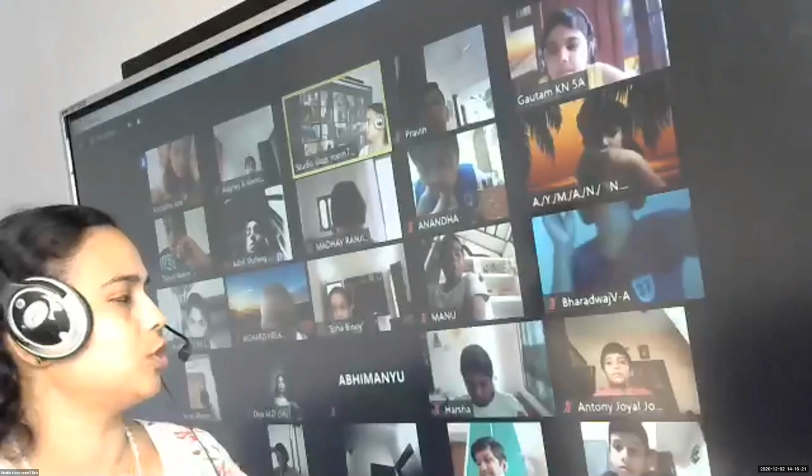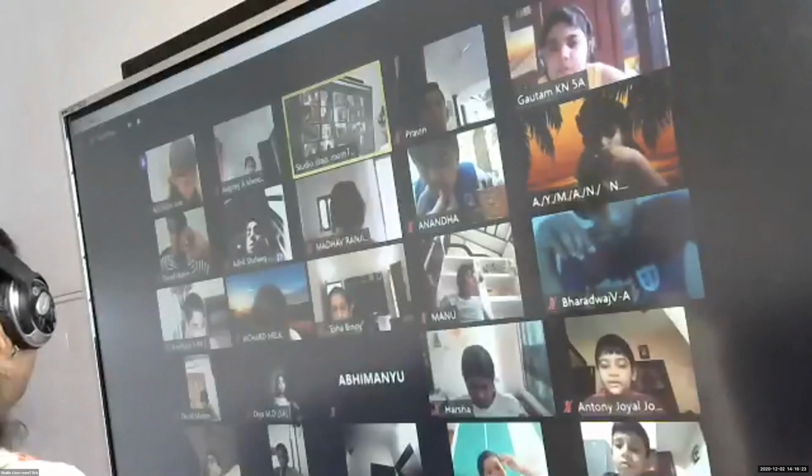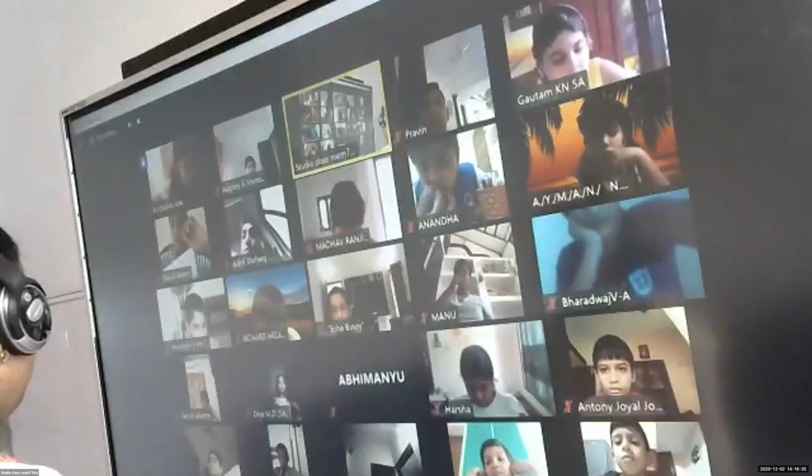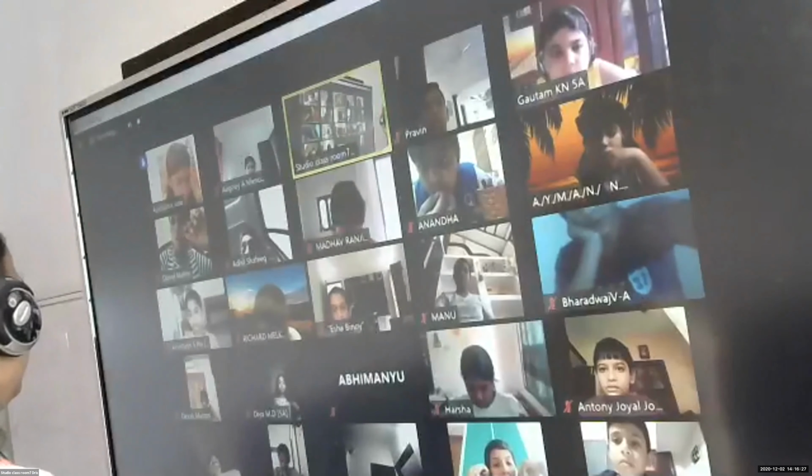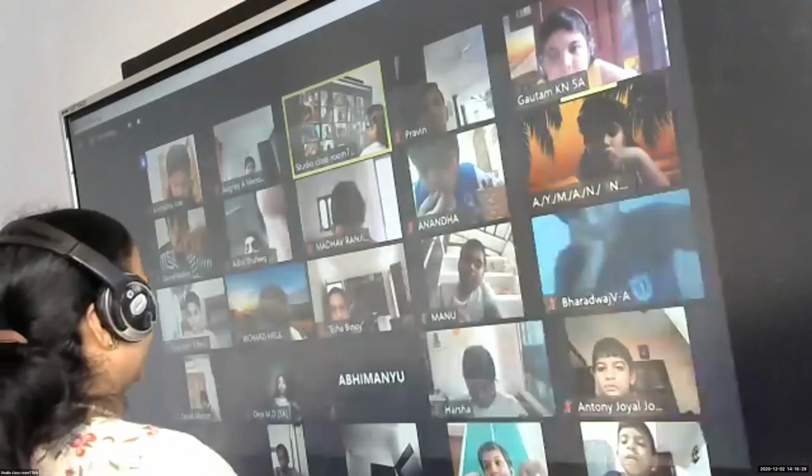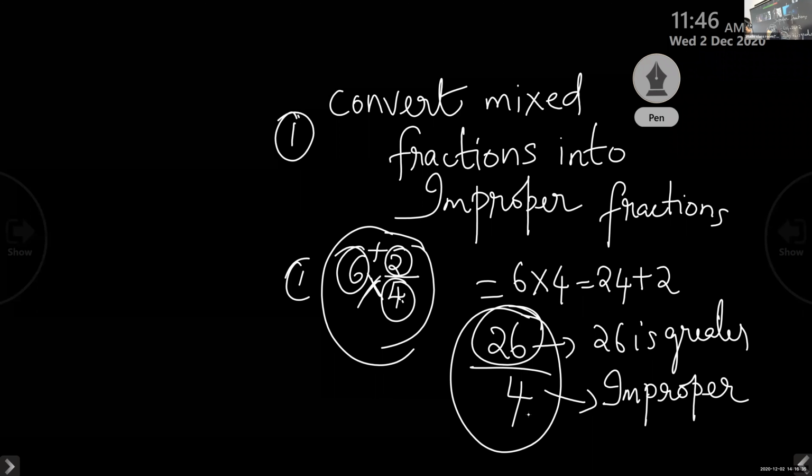So children, I will give you two more questions to convert mixed fractions into improper. All of you take out the rough book and write down the questions. I hope now it's clear for everyone. Multiply the denominator and the whole number, then add the numerator, divided by the same denominator.